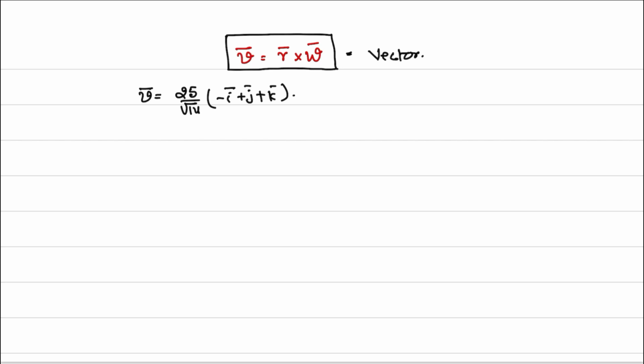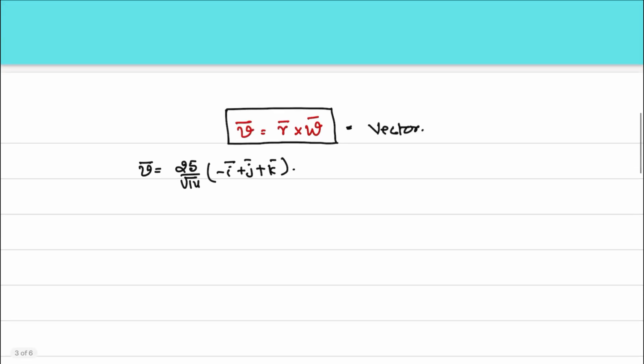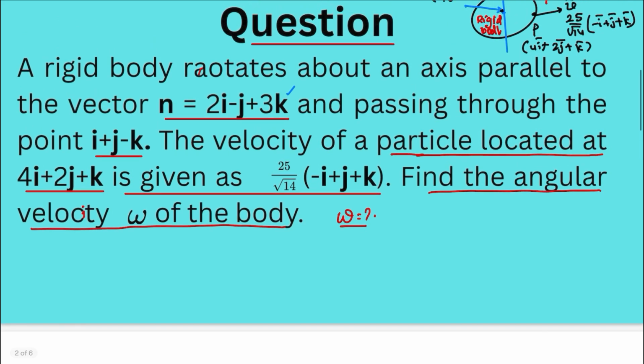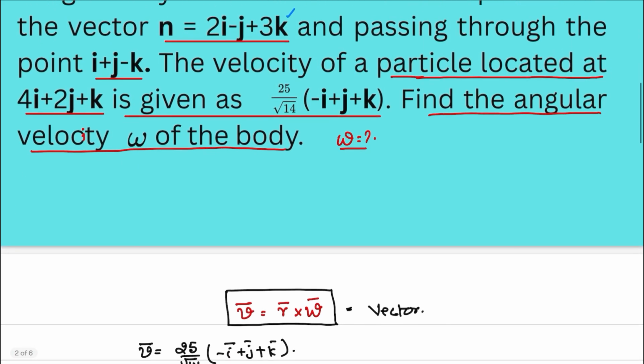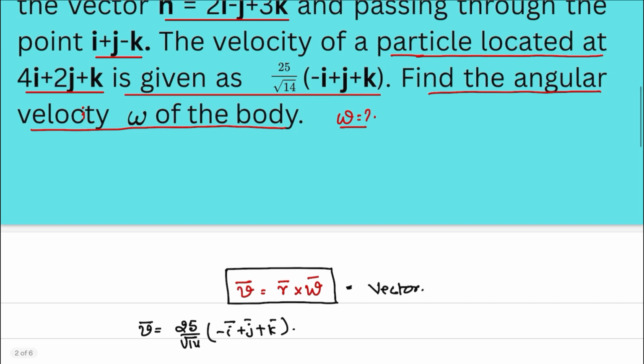Now, what are the other data given? Other data given is particle position.